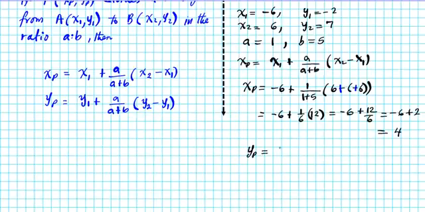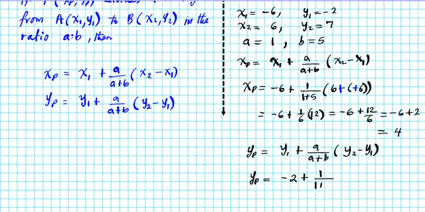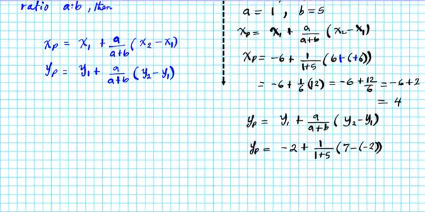Let's write down the formula for that: y1 plus A over A plus B times the rise, y2 minus y1. So y sub p is going to be y1, which is negative 2, plus 1 over 1 plus 5 times the rise, y2, which is 7, minus y1, which is negative 2. Now let's work this out.